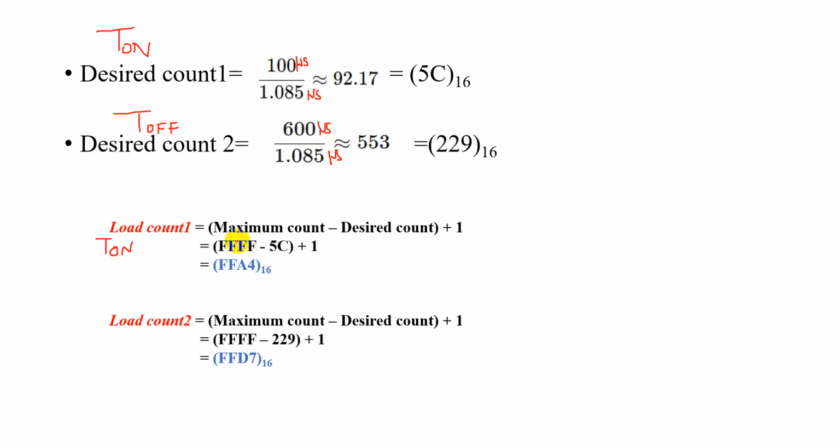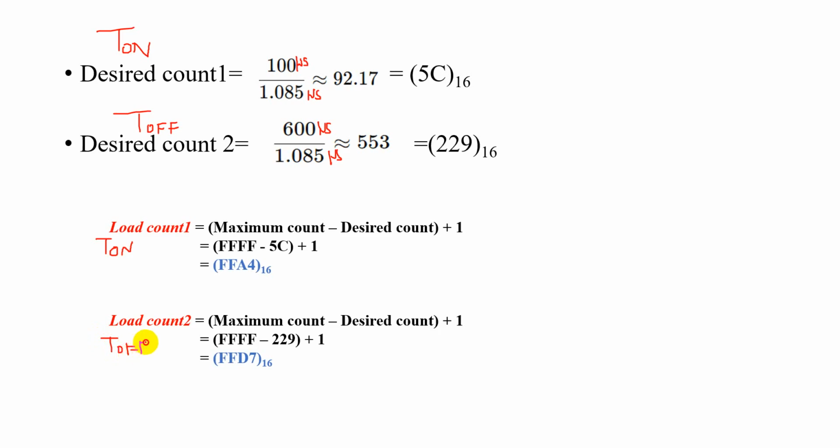So FFFF minus the desired count 5C plus 1 gives FFA4 in hexadecimal as the timer 0 load count value.